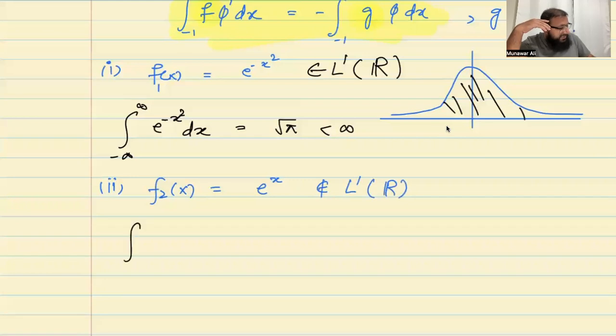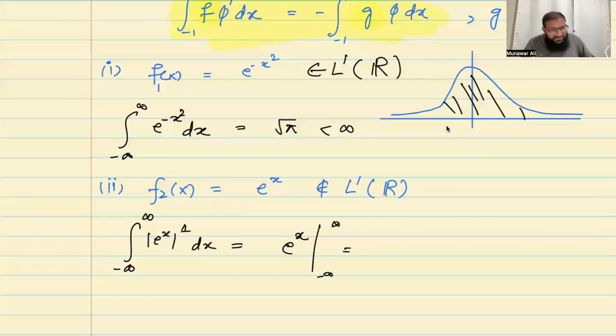You have to raise the absolute value to the power 1, but exponential functions are always positive, so the power 1 doesn't matter. So the integral from negative infinity to infinity of e to the x dx is e to the x with limits from negative infinity to infinity. This simply becomes infinity, because e to the infinity is infinity and e to the negative infinity approaches 0, but one term is infinity.